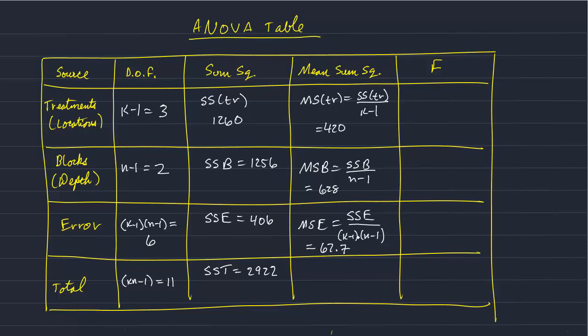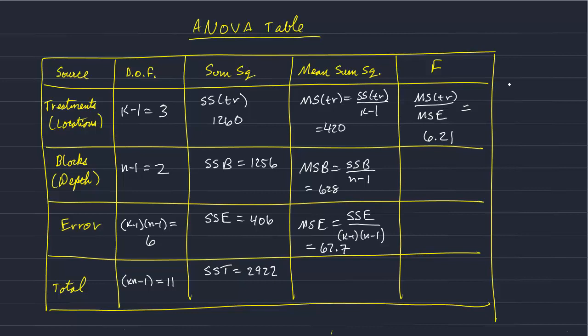So to test our first null hypothesis that the means among the locations are the same, we have to compare the variance associated with location, MSTR, to the variance associated with our error, our residual. And we get an F value of 6.21.